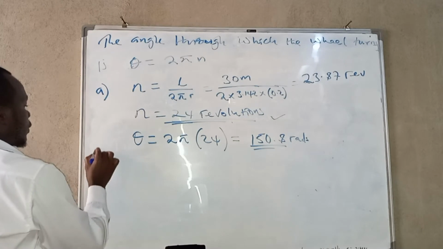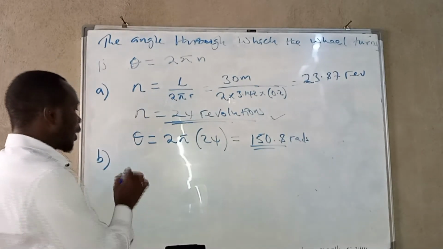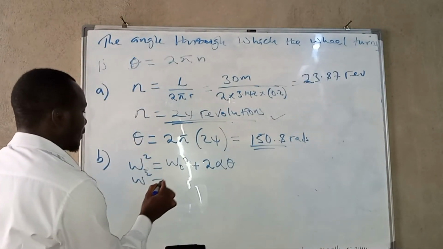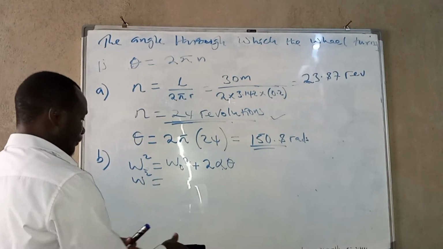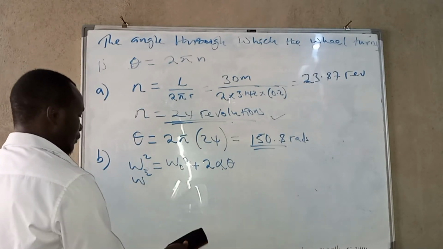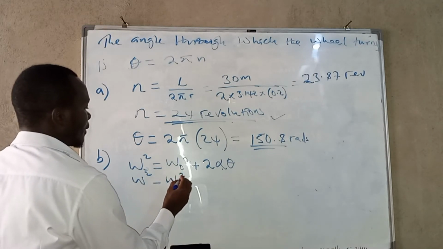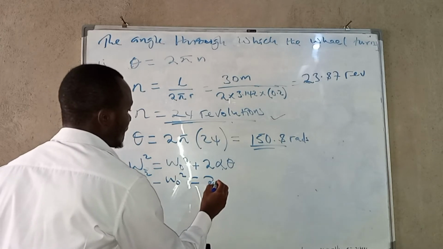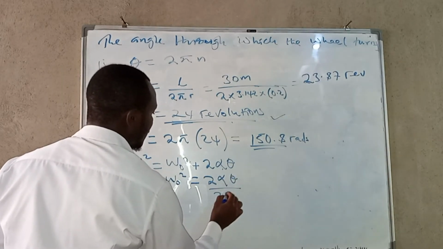Then we are going to find the deceleration of the wheel. We know that omega squared equals omega initial squared plus 2 alpha theta. We make alpha the subject, so omega squared minus omega initial squared, divided by 2 theta.